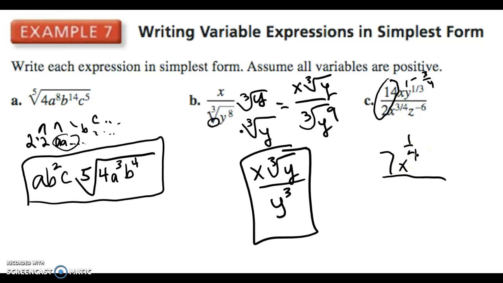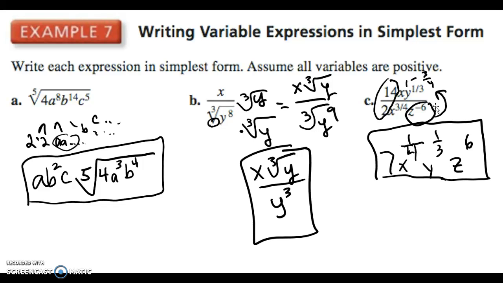Now look at the y's. Notice I'm going in alphabetical order. Y, I only have the one y and it's a 1/3 up at the top, so that's it. And then z's, I have z to the negative 6 on the denominator. If you just move it up to the numerator, the exponent will then become positive. And actually everything's in the numerator, so I don't even need my denominator. And your answer would be that.